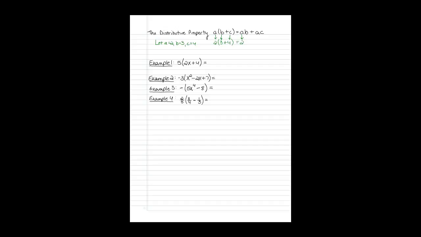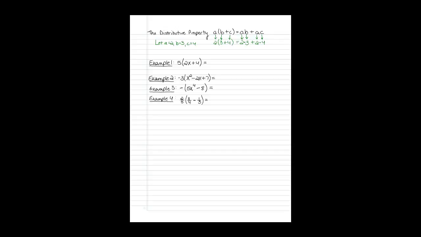A is 2 times B is 3 plus, bringing the plus sign down, A is 2 and C is 4. Now I just want to check to make sure this works out.